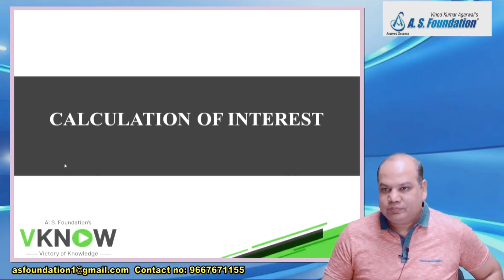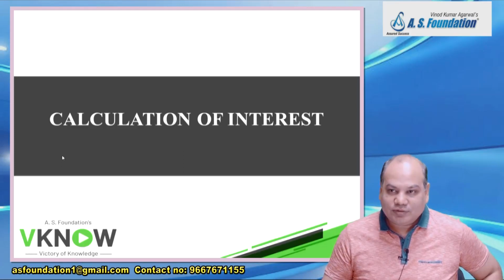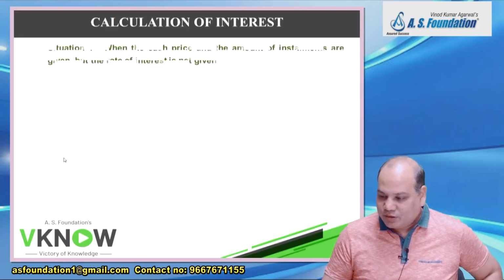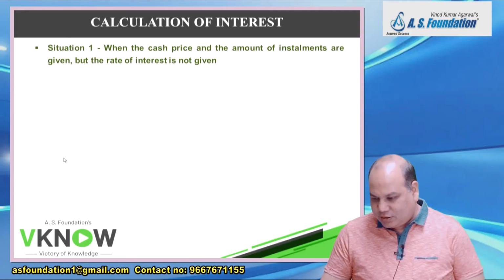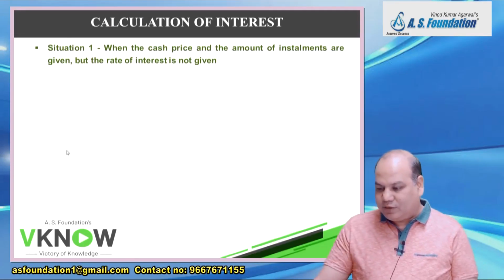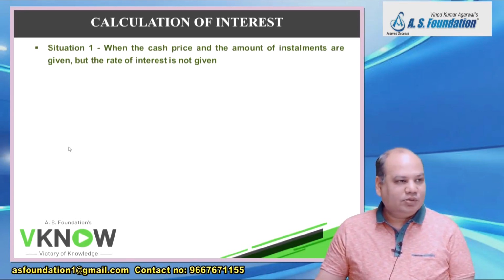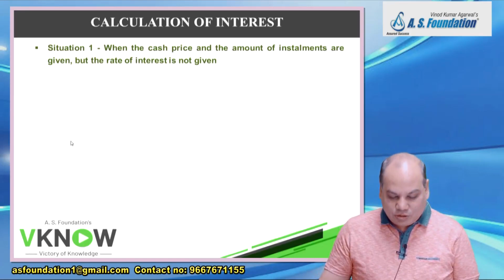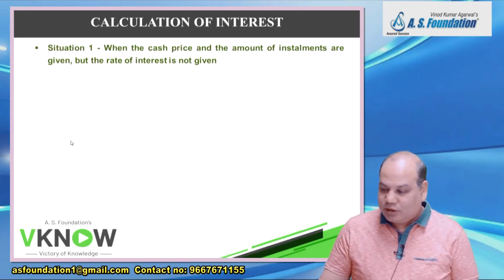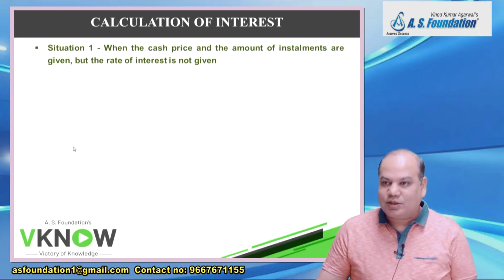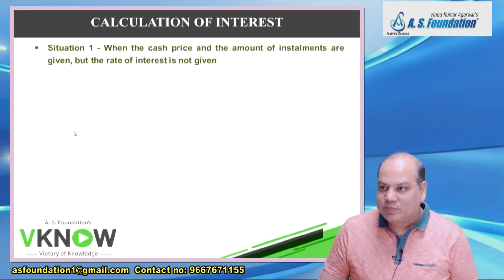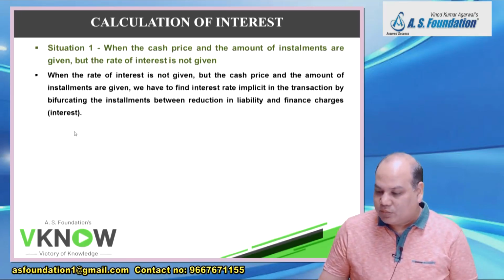Now, there is a problem. We have to find interest, and interest calculation can become difficult when the rate of interest is not given. If the rate of interest is not given, then how do you solve? The cash price and the amount of installments are given, but the rate of interest is not given.